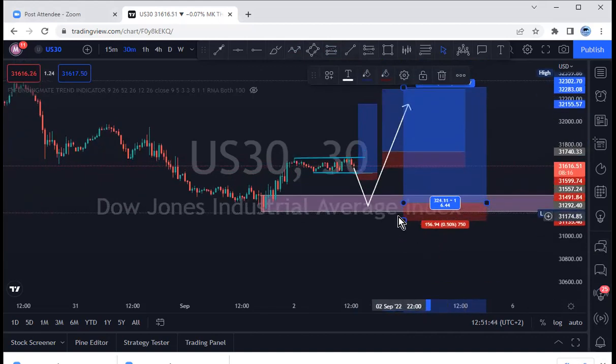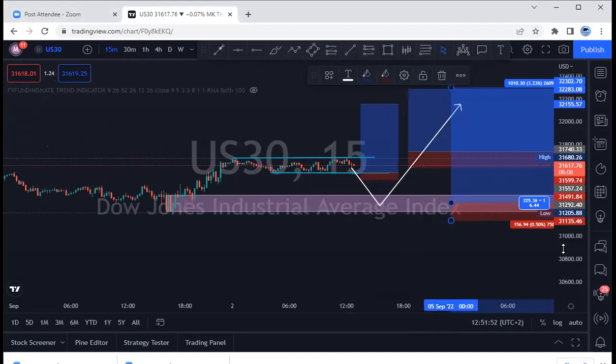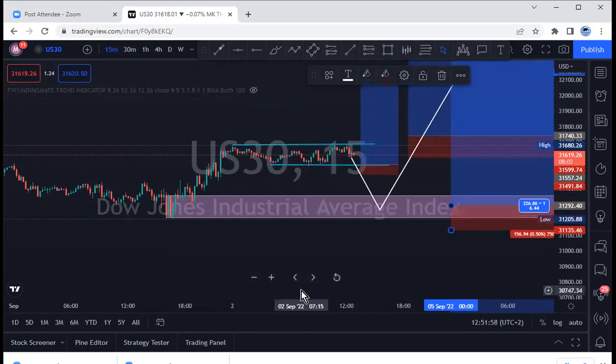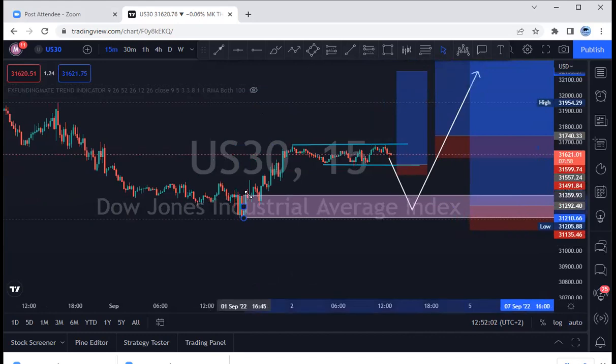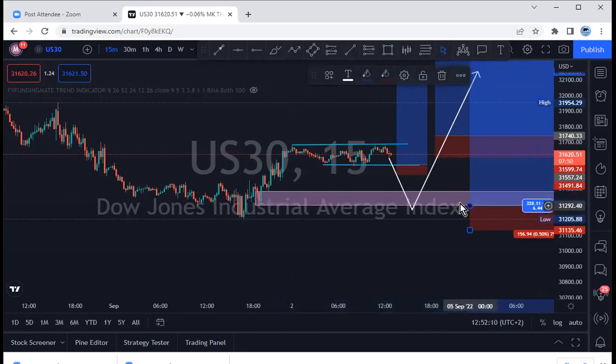So we're looking for a bullish market on Nasdaq and US30. So as I was saying, this is the one I can use right here. So meaning my entry is going to be somewhere here.